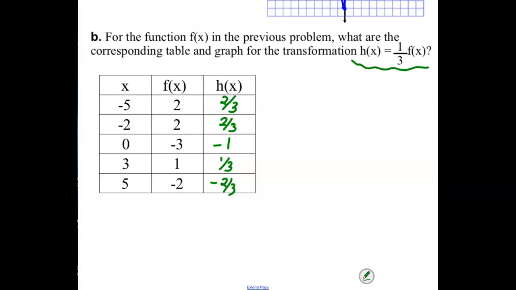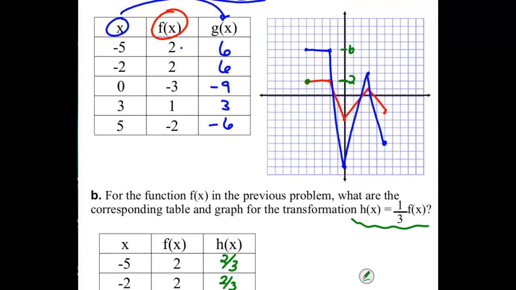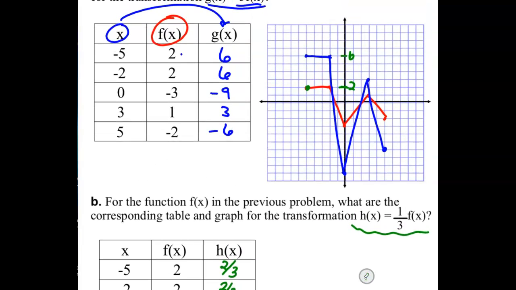So on our graph, let's go back here and let's draw that back in here. We're going to take all of our y values and take them down to 1/3 as tall.